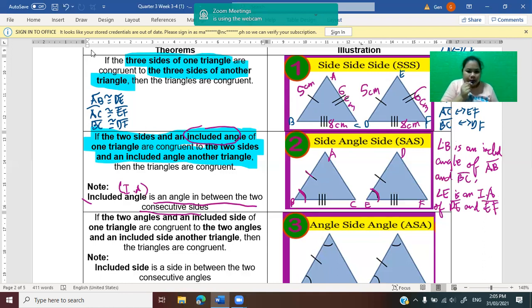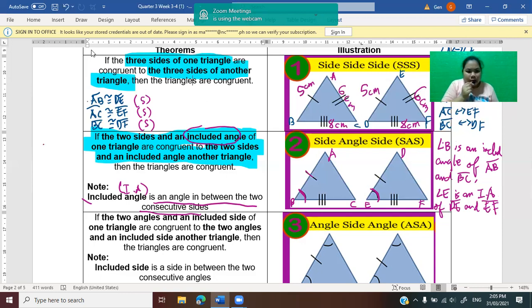So here, what are the two sides na congruent sa atin? So the arrangement ng congruent parts neto is dapat side angle side. Yung kanina kasi tatlong sides, S, S, and S. So for this one, side angle side din yung arrangement.